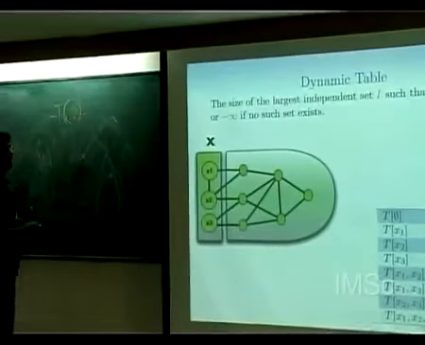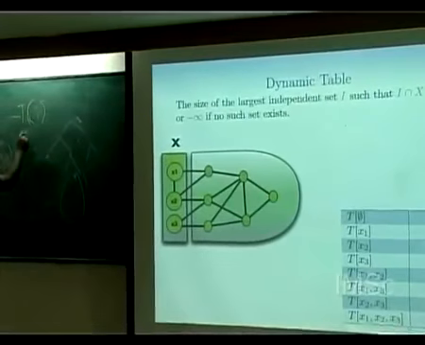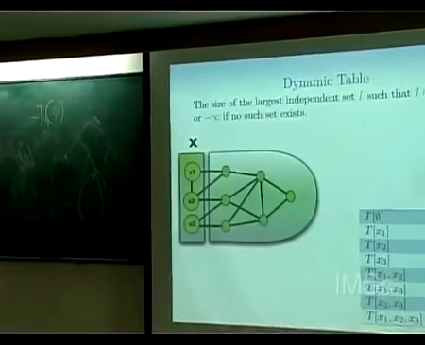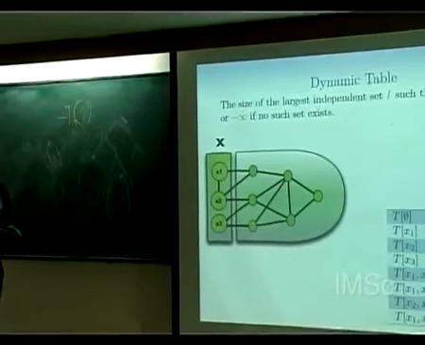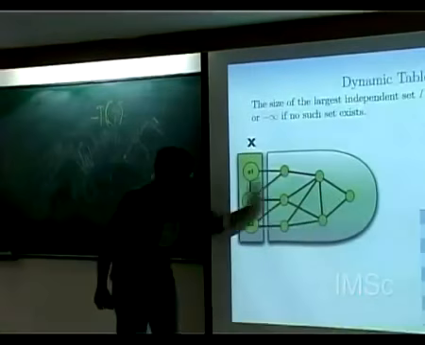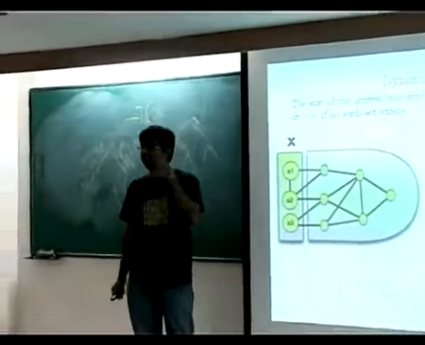S is a subset of 1 to t, our boundary. And what I'm going to store at T of S is the maximum weight independent set in this graph such that its intersection with the boundary is exactly S.